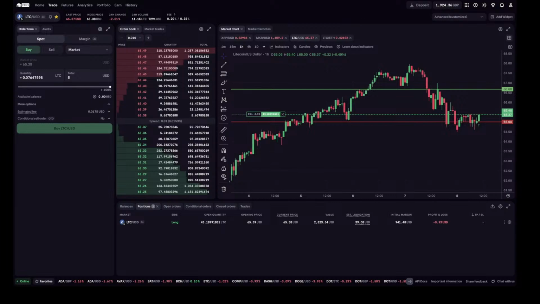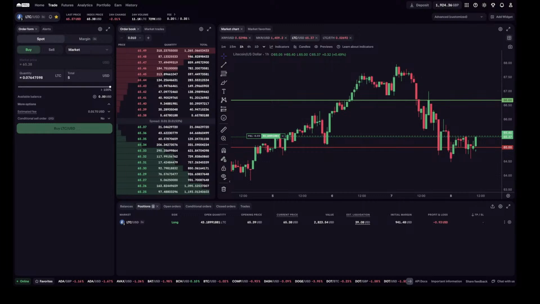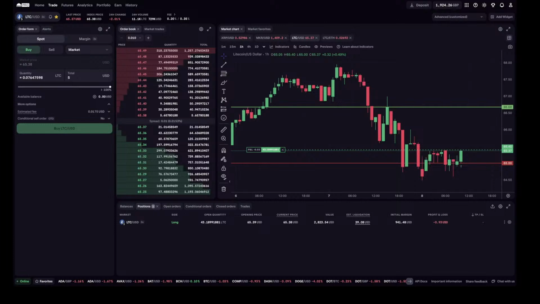Let's wait for it to go. It's got to break this area here, the level where I bought. I'm going to manually close the trade if I hit my stop loss level. I'm not going to walk away because this is crypto trading. It's quick, it's fast.